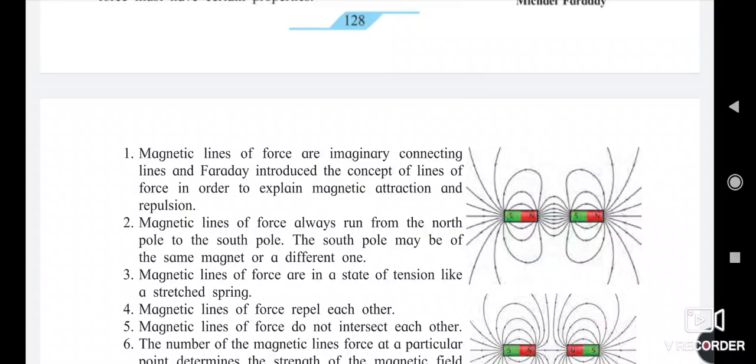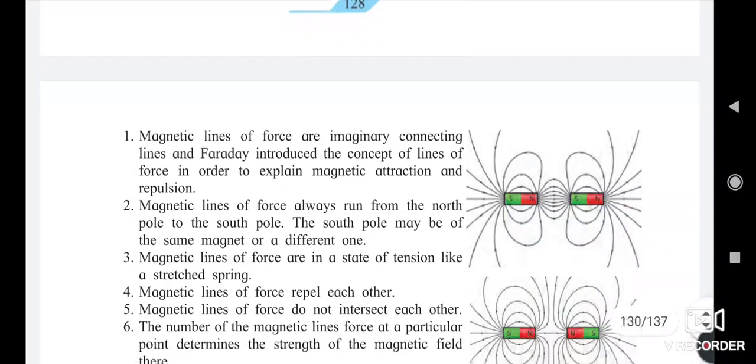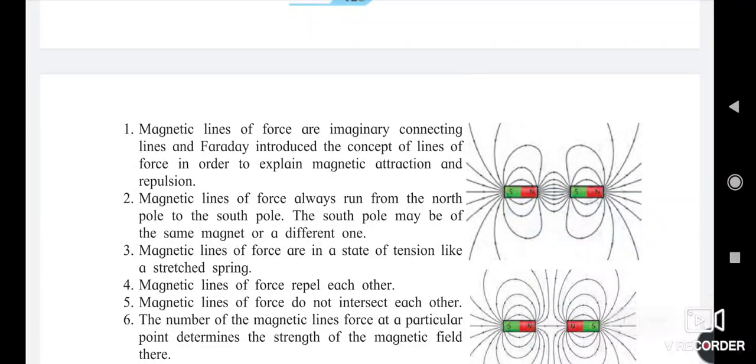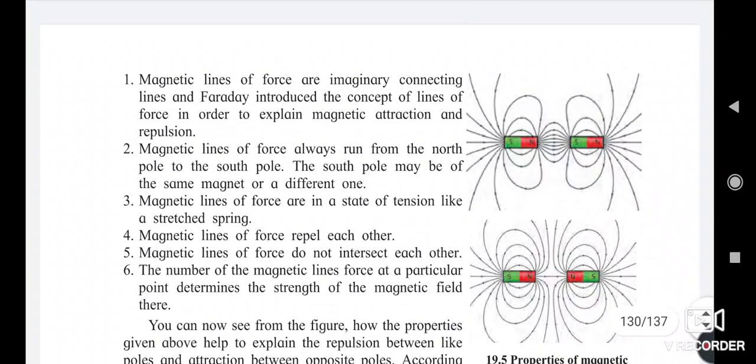The magnetic lines of force always run from the north pole to the south pole. The south pole may be of the same magnet or a different one. Magnetic lines of force are in a state of tension, like a stretched spring.